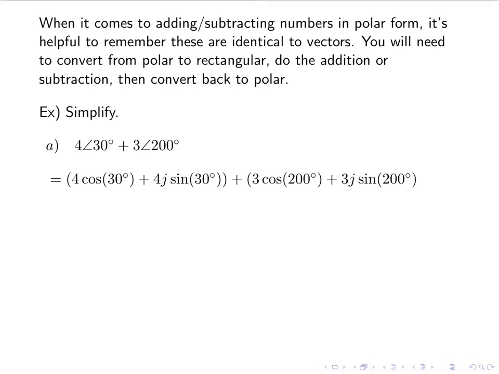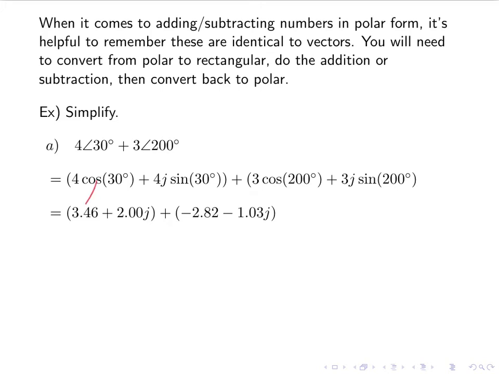And then similarly, the 3 with an angle of 200 degrees is 3 cosine of 200 degrees plus 3j sine of 200 degrees. So that's still technically in polar because we still have r and theta. So when I plug those into my calculator, it's going to turn them into rectangular. So again, we're going to round to the nearest hundredth. So just plugging those 4 into the calculator, I get those guys.